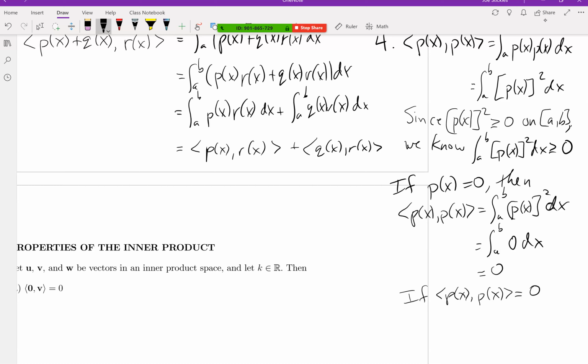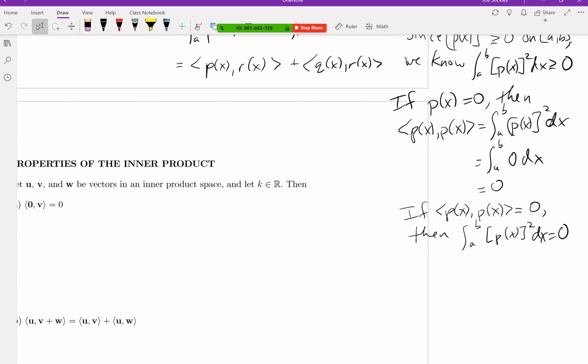If the dot product with itself is 0, then in this case we would have the integral from a to b of p of x squared dx is equal to 0. Oops, forgot my dx. And now again, this is requiring us to use knowledge of our function. This is a continuous function, and it's non-negative. So the only way we can get 0 out is if the integrand is 0.